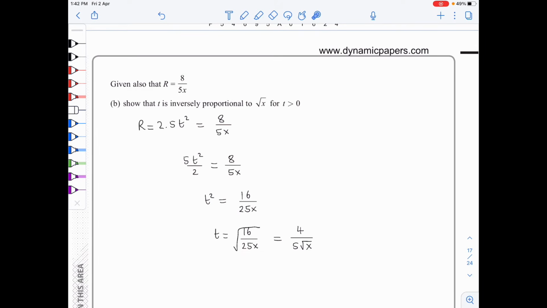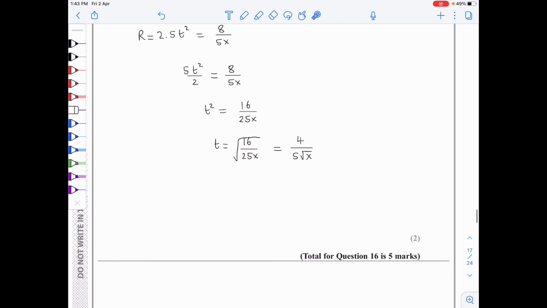Now, when I took the square root, I didn't have to bother about the plus minus because I was told that T only attains positive values. Now, the fact that we have T being equal to a constant over root x means that T is inversely proportional to root x. So we need to state that.